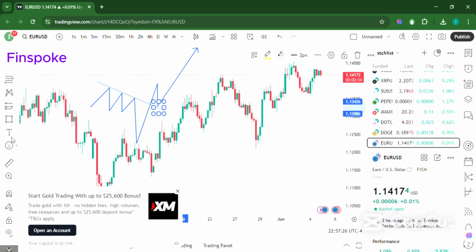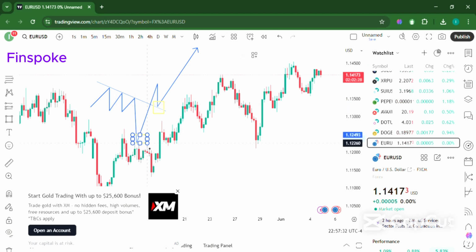If you also understand this pattern, if you spot it early enough, you can also enter the trade here. If you enter the trade here, you can take here as your TP1, take part of the profit, or when it gets to this level, you adjust your SL, stop loss, to this level.